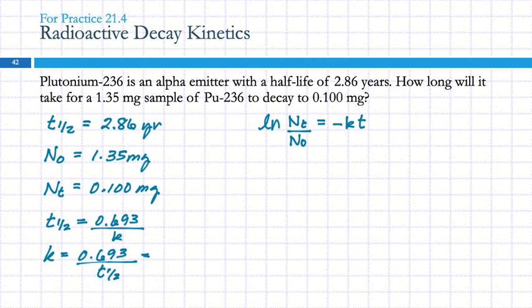I thought, no, I don't need to bring my calculator. So 0.693 divided by 2.86 years.